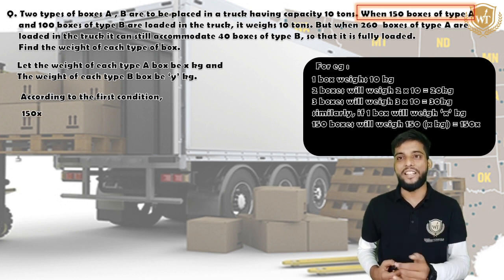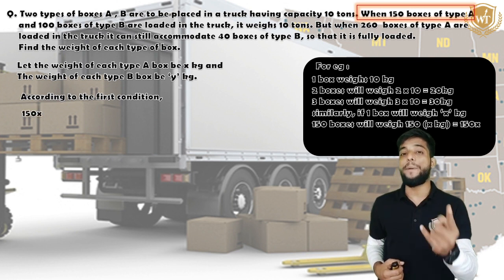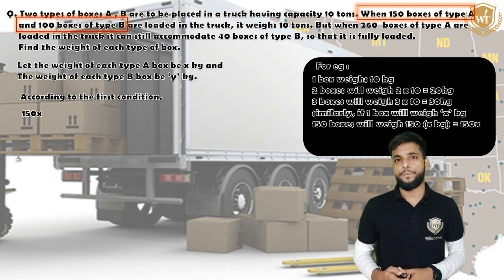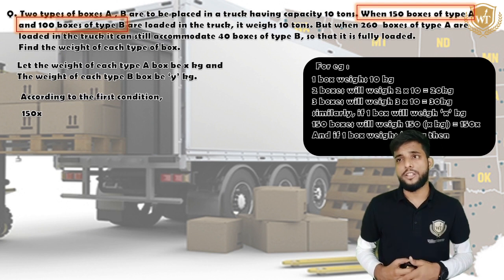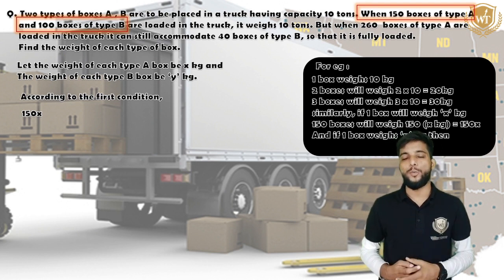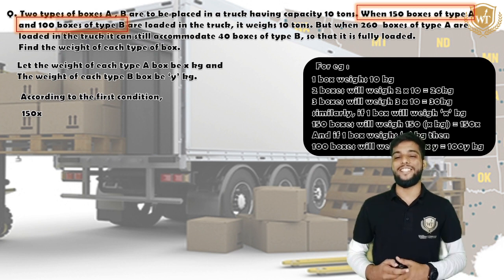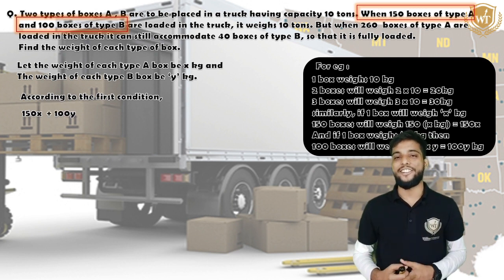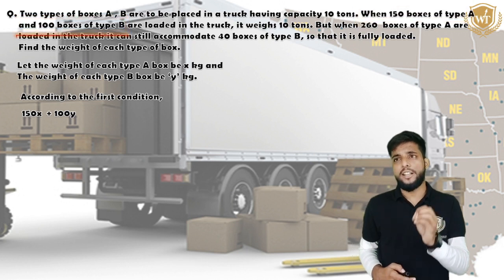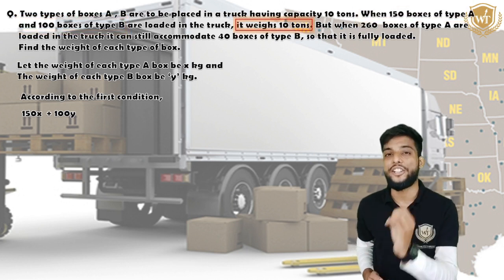So we have 150x, which is the weight of type A boxes, and we have 100 boxes of type B. Now each type B box weighs y kg. So 100 such boxes will weigh 100y kg. Perfect, students. So we'll have 100y kg, right? If they are loaded in the truck, it weighs 10 tons.